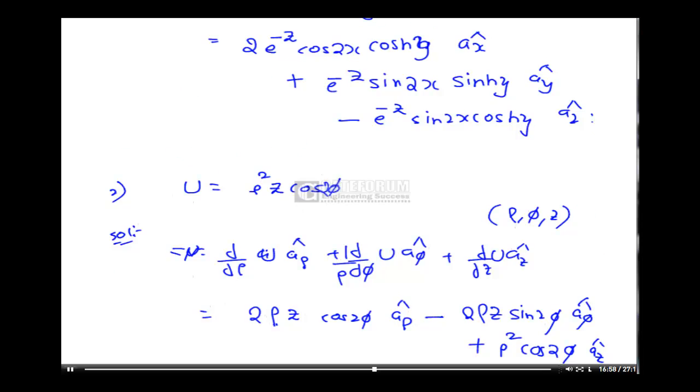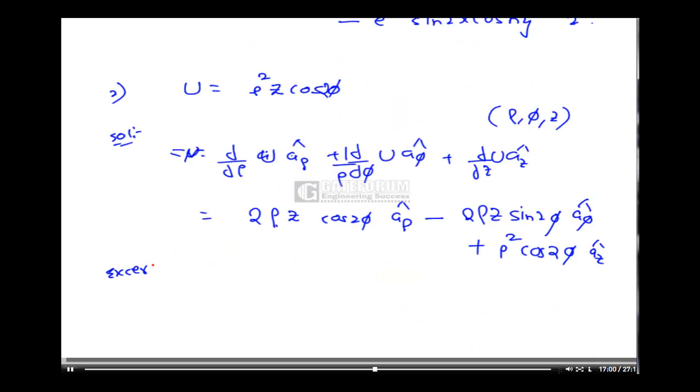Suppose I am giving one problem as an exercise. Exercise 1: W is equal to 10 R sin square theta cos phi.